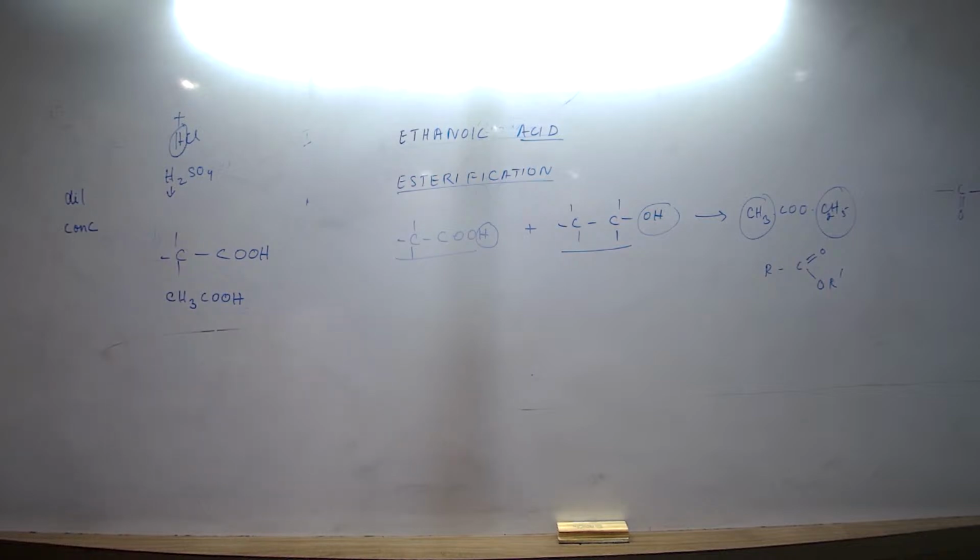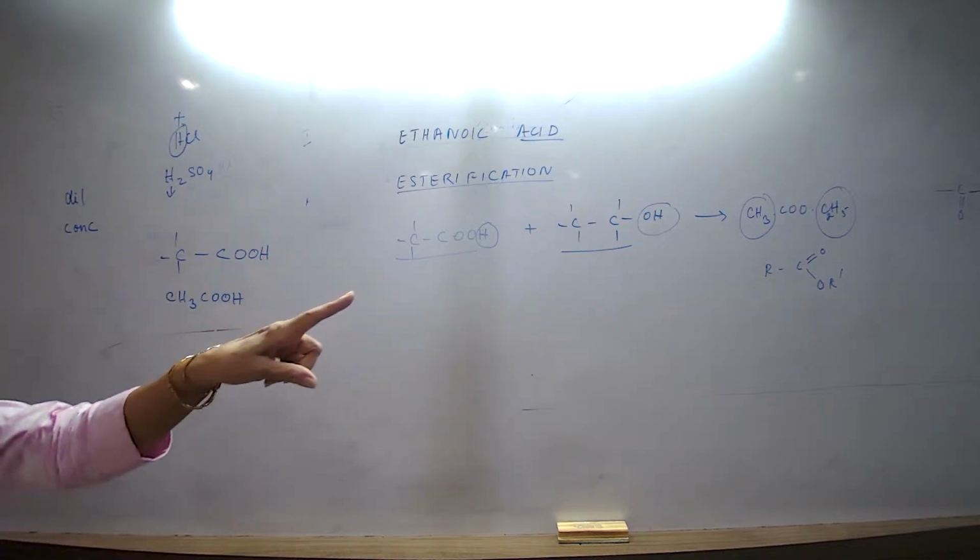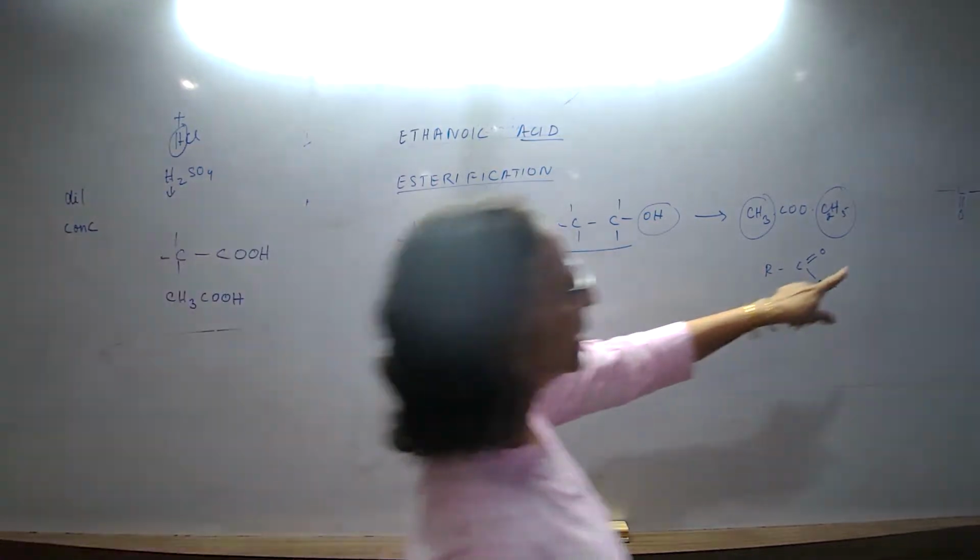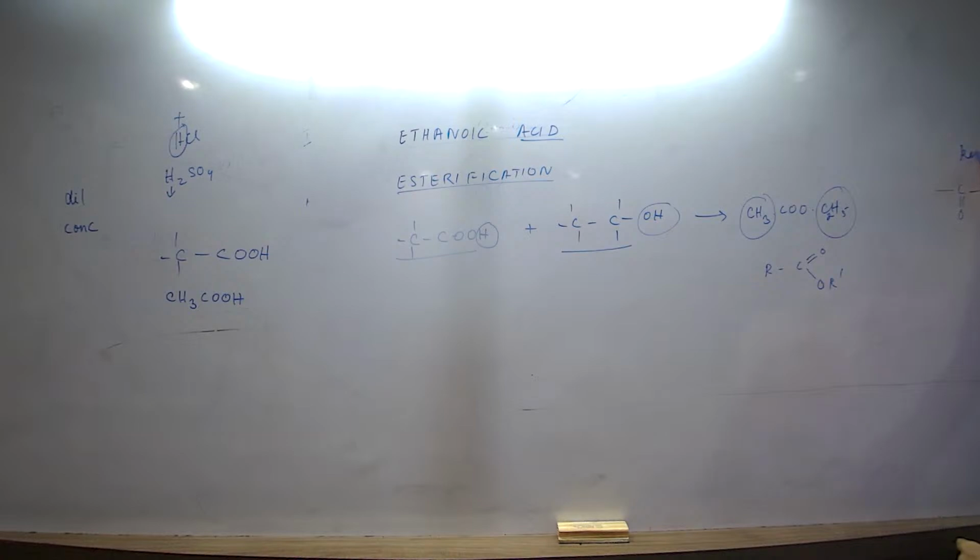In the textbook, they have given a structure of a ketone, C double bond O, with an extra O also. See, did you see an ester here?